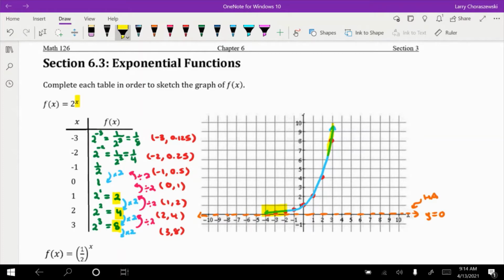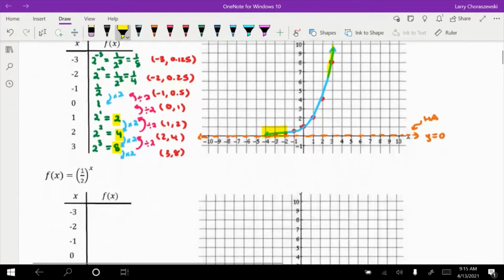And that would be an example of an exponential function graph. Ta-da! Any questions so far? Oh, it's going to get even cooler. You just wait.